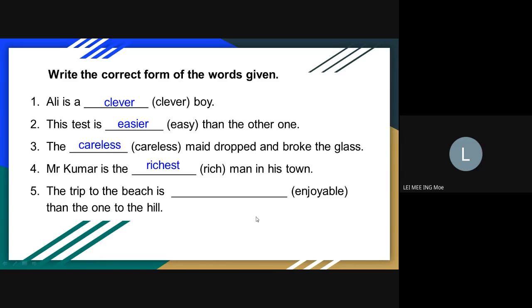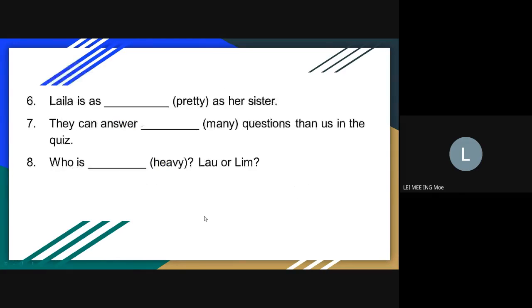Some of you typed superlative form, some of you typed comparative form. So the answer is more enjoyable. It's a comparative since we have than here. Please take note. We have than behind our blank here, so it is a comparative, so more enjoyable. Enjoyable has more than 2 syllables, so we follow rule number 5.